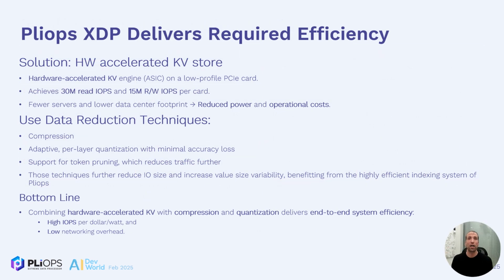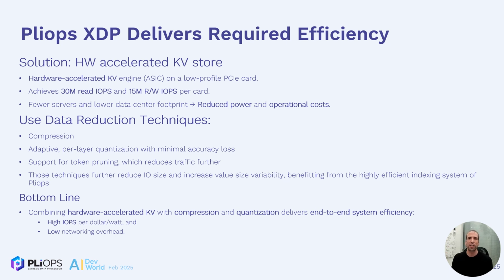Up until now, I've been all about analysis and performance insights, but on this slide, I finally do some actual marketing for Pliops. So let's now talk about how Pliops XDP delivers the required efficiency that we discussed, so KV cache offloading is going to be truly scalable. Pliops XDP is the name of our product.